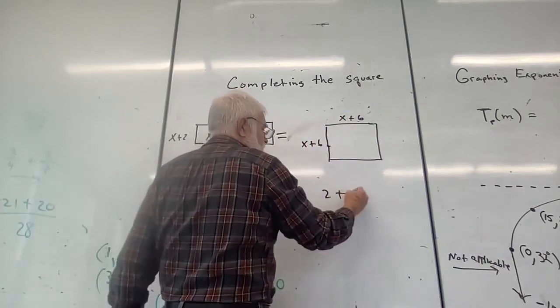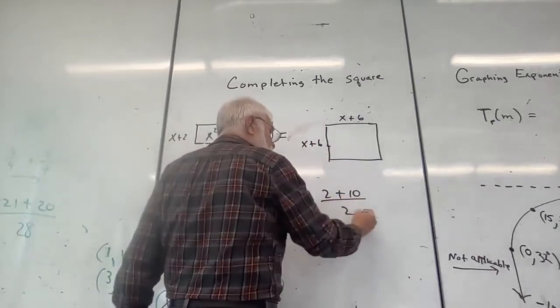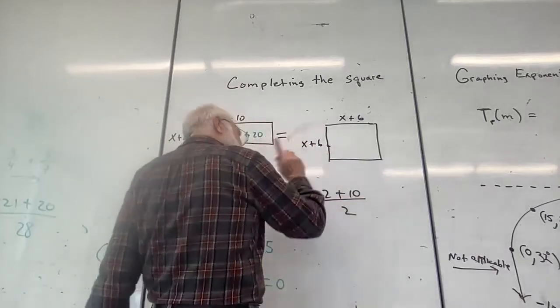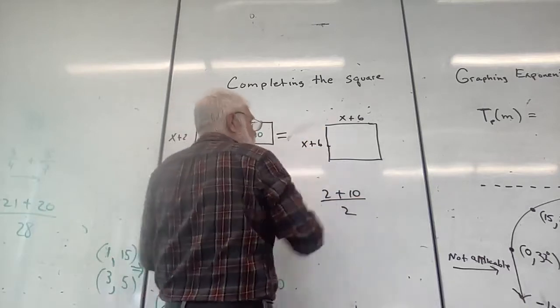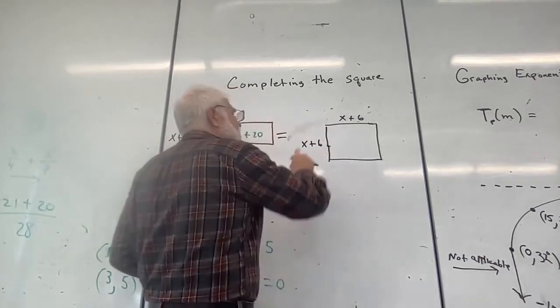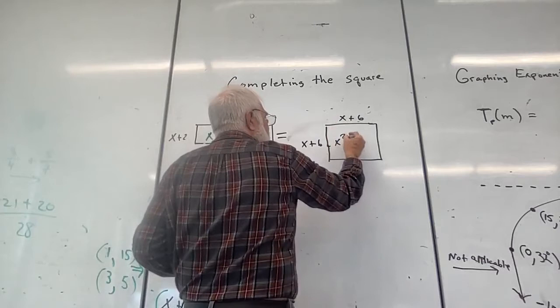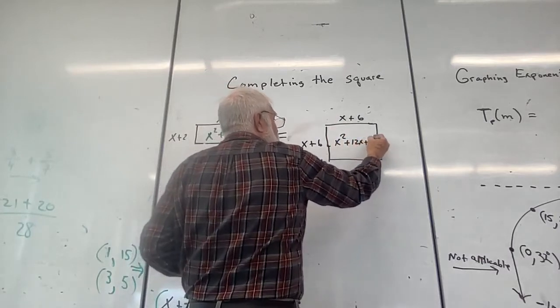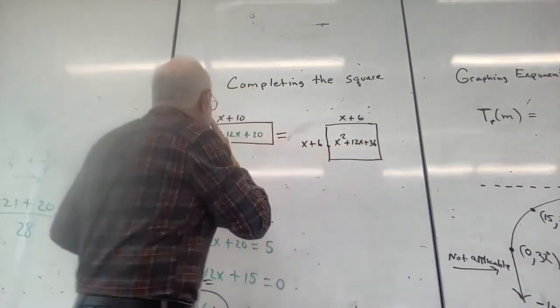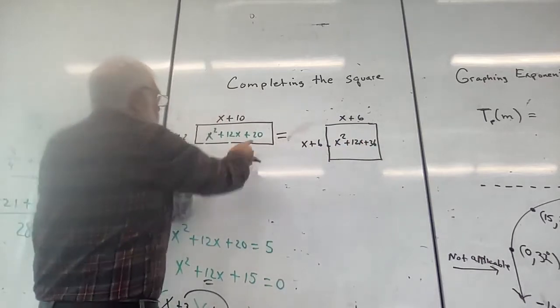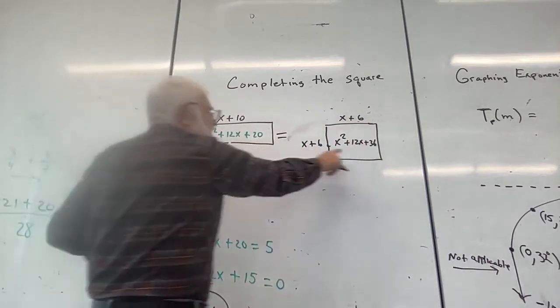Right? 2 plus 10, those are the roots, divided by 2 gets us 6. So that becomes 6 units long. And that means that I can now call this x squared plus 12x plus 36. They're almost equal, but that's 20 and that's 36.